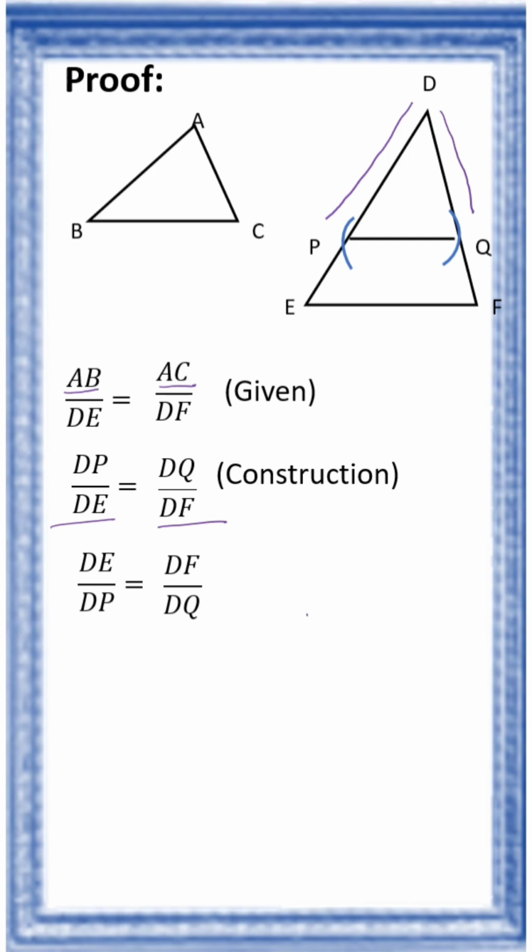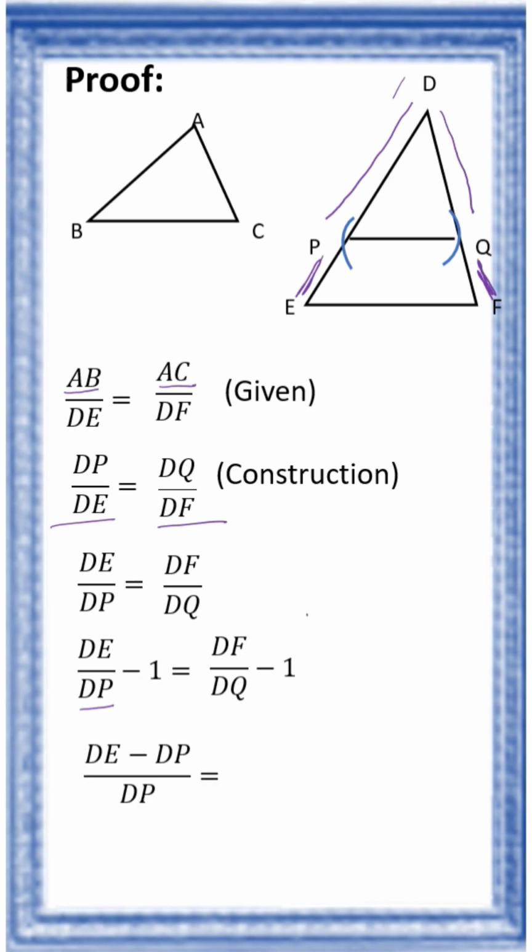Now let us subtract 1 from both LHS and RHS, since we need to get DE minus DP, which gives PE, and here we have to get QF. So here the LCM is DP, so in the numerator DE minus DP by DP. Here the LCM is DQ, so DF minus DQ by DQ.